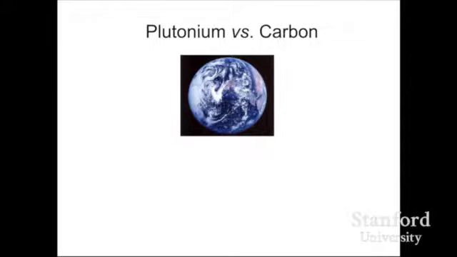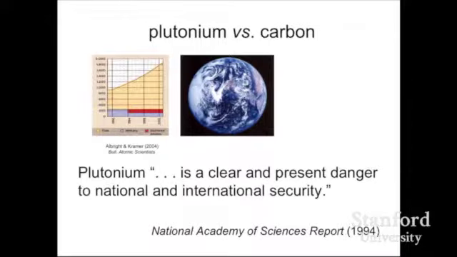So back to the picture of the Earth, what we can say is, on one hand, we have the plutonium, and this is the global inventory that's increasing, this horizontal red line, our area I'll talk about in a moment. But you can see that it's increasing, and it's a clear and present danger to national and international security.